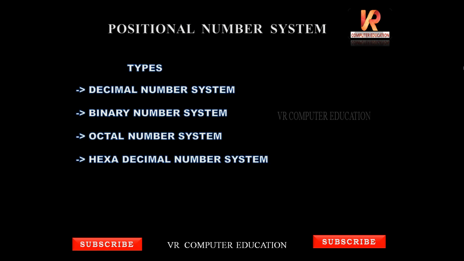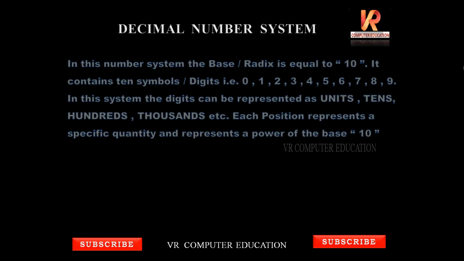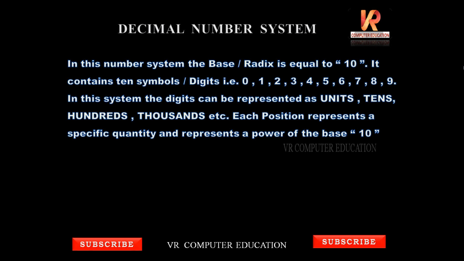Now we'll see some types of positional number system, that is decimal number system, binary number system, octal number system, and hexadecimal number system. Let us discuss one by one number system in detail. First, decimal number system. In this number system, the base or radix is equal to 10.